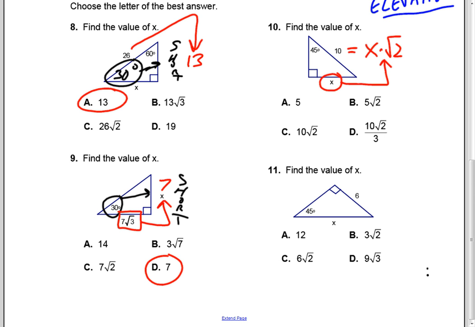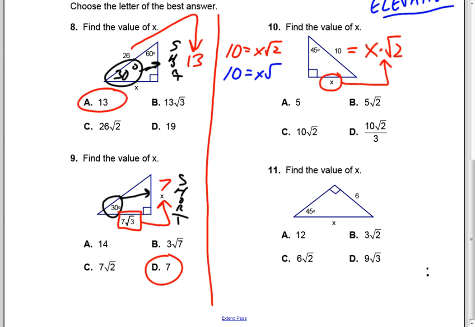Anytime that the problems turn out to be a little more difficult, you know you're going to have to do some radical division. Or division with radicals. How do I get rid of that? Divide by radical 2. 10 divided by radical 2. The whole point was to get rid of it from that side.